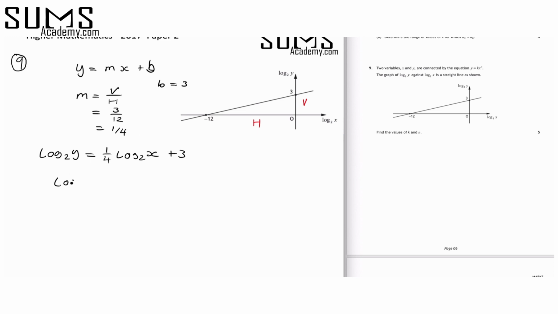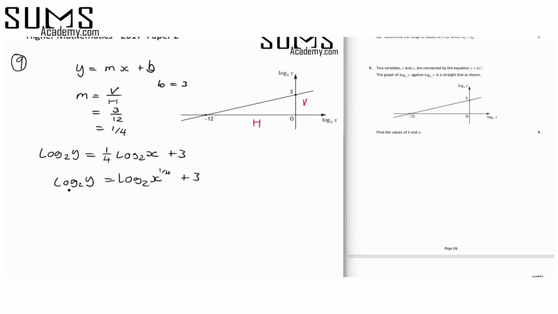Well, using the laws of logs, you can move this up here, so this then becomes log to the base 2 of x to the power of 1 over 4, plus 3.